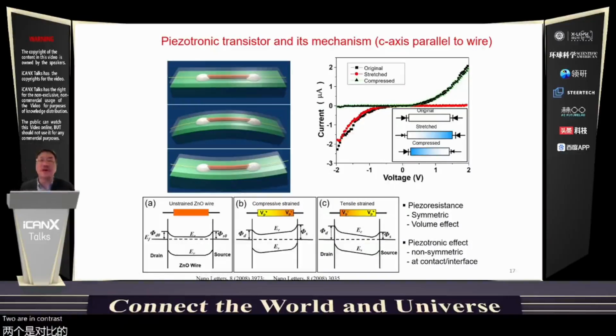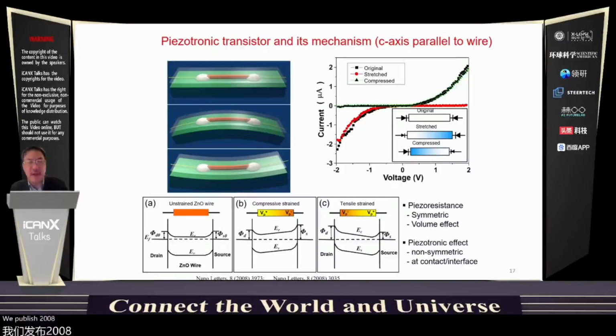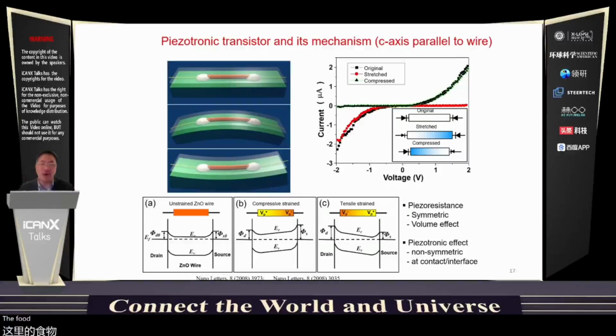That's called the interface tuning. Asymmetric tuning is due to the different sign of polar charge at the two ends. This was the very first paper we published in 2008, and we proposed the mechanism of piezotronics, and through the last decade of work, it further extended our understanding about this mechanism.